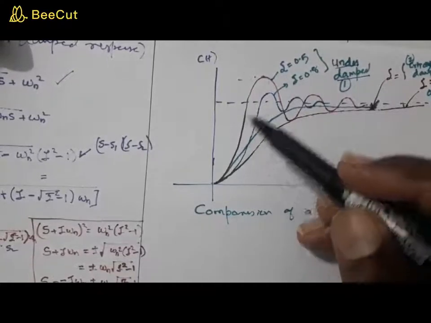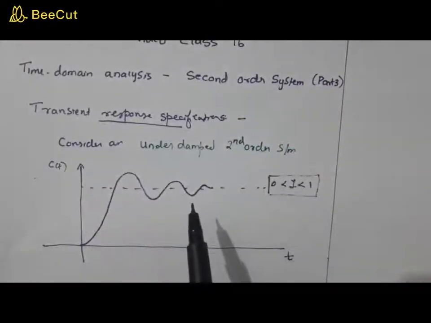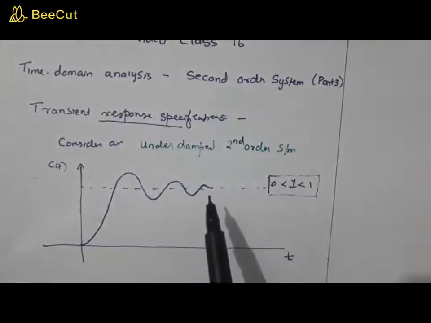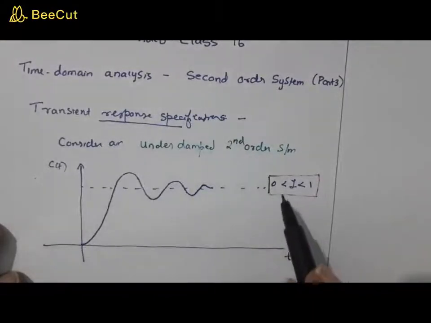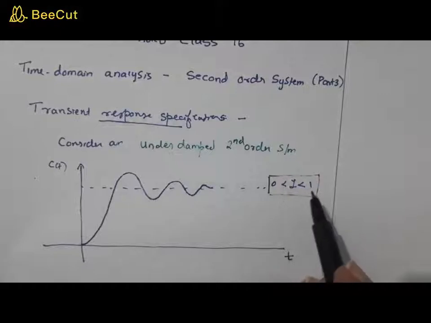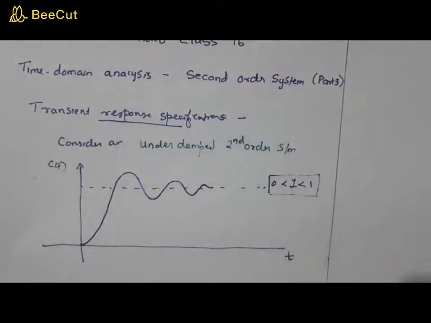So we'll have some oscillations there, and we see that the oscillation subsequently dies off, or reduces almost to 0. That means the oscillation almost vanishes after some period of time. So this is an example of a zeta which lies between 0 and 1, and this condition we call the underdamped condition. Now this is the time axis.